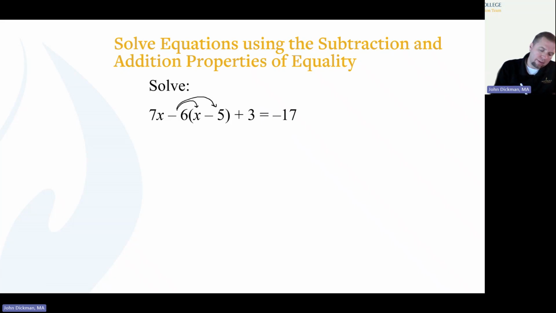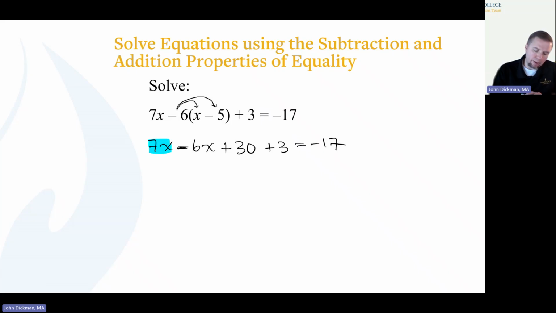So I have 7x minus 6x, because negative 6 times x is negative 6x. And then negative 6 times negative 5 is going to give me positive 30 plus the 3 that we have there equals negative 17. And so now we're going to make sure we combine our like terms.